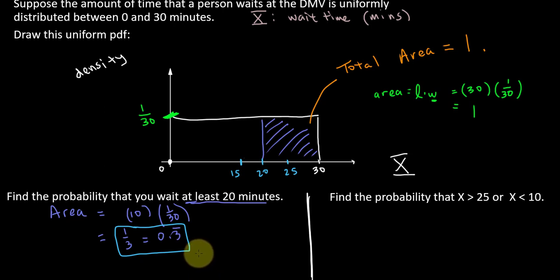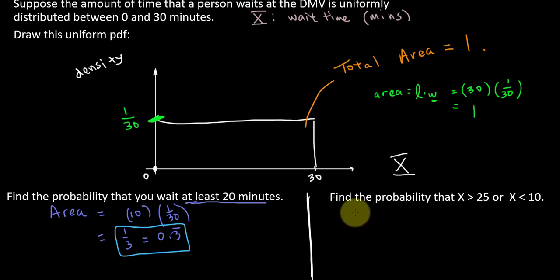Okay, I'm going to clear my little drawing space so we can do the next question. Next question. We want to find the area, because that's probability, of waiting more than 25 minutes or less than 10 minutes. Again, I'm going to put some tick marks to make this a little easier for myself.